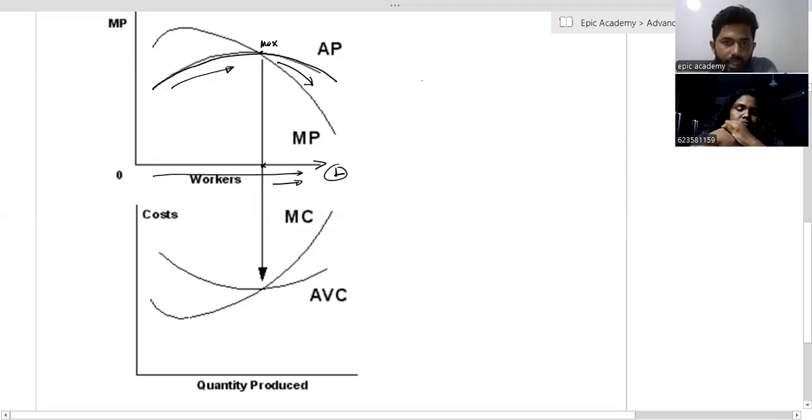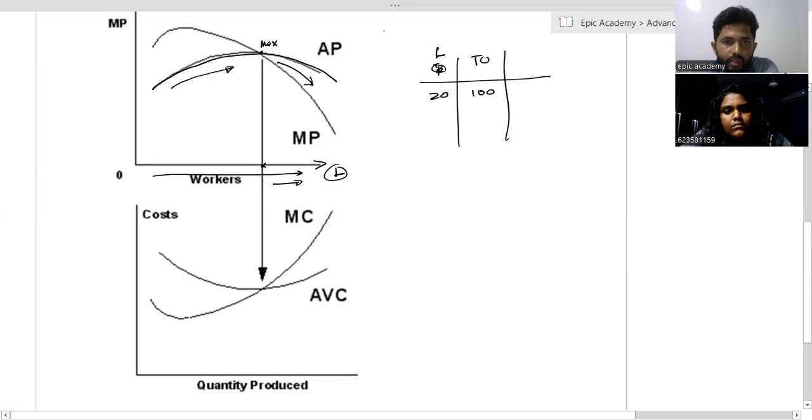As an example, L is the number of workers working in the organization. 20 workers. Total production is 100. Average production is TP divided by L. So it becomes 5.